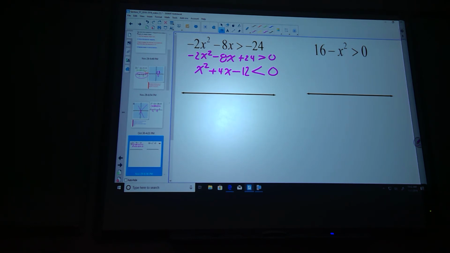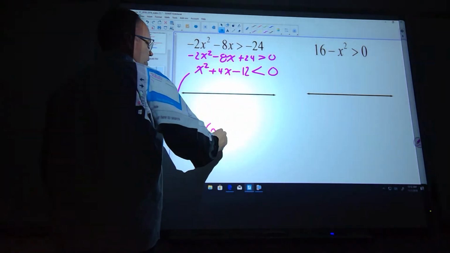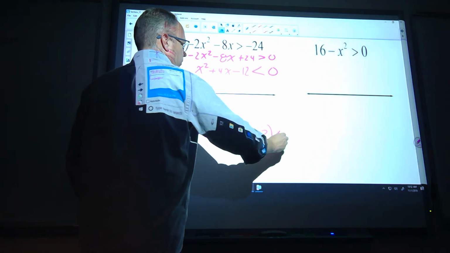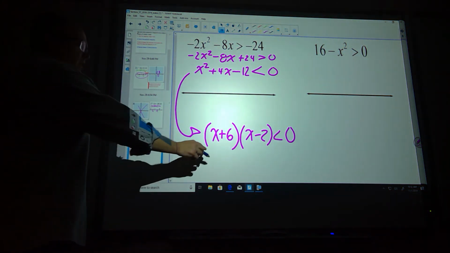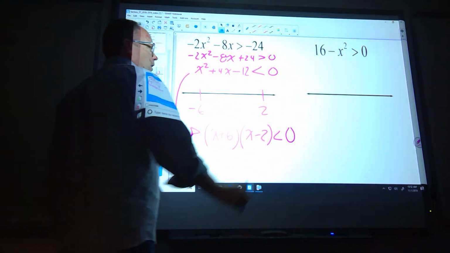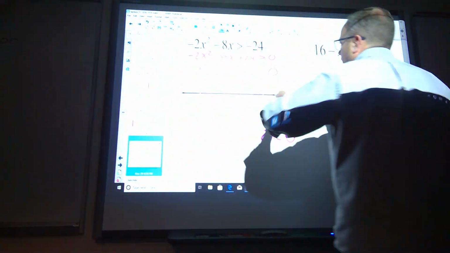Agreed? Let's factor this. So I'm going to get x plus 6, x minus 2. Is that okay? So this yields me -6, this positive 2. Good. All right. So I want to show where we are dealing with negative values.